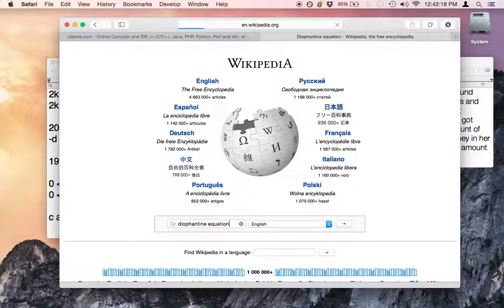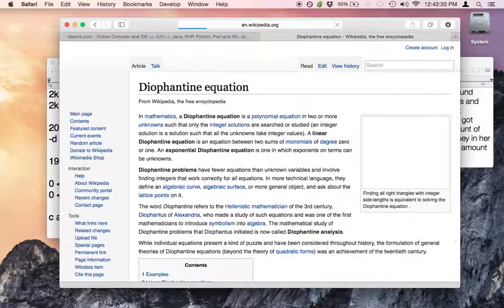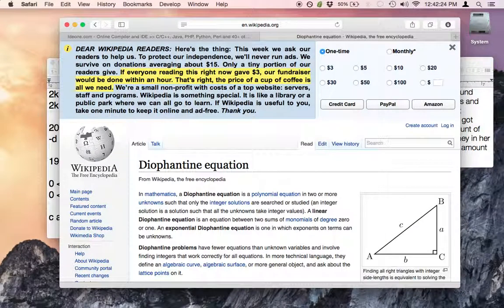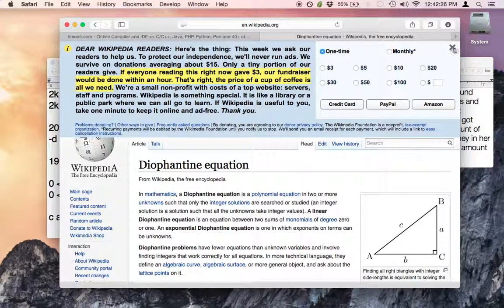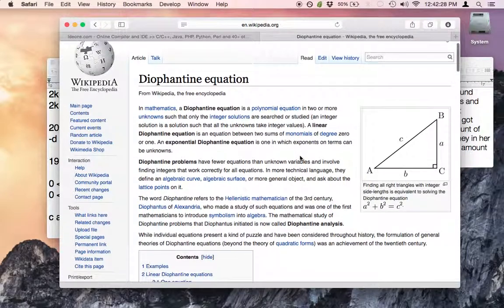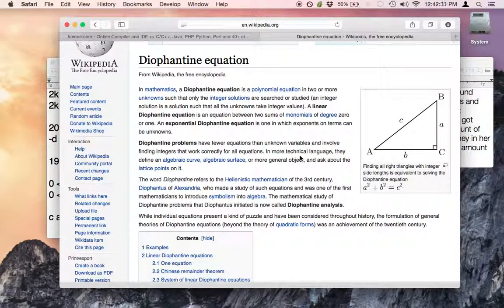Now, this is a particular branch of mathematics, and it deals with polynomial equations where there are more unknowns than there are equations, but critically, there are only integer solutions.